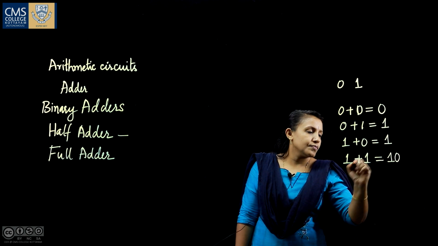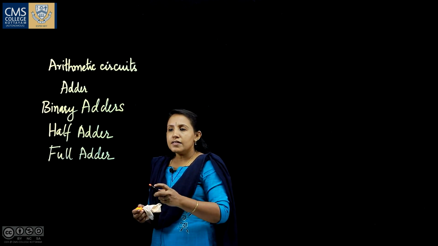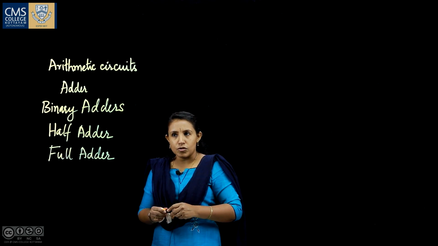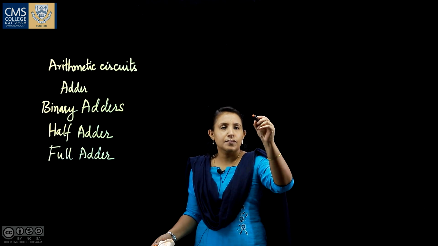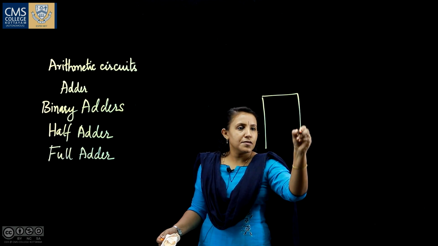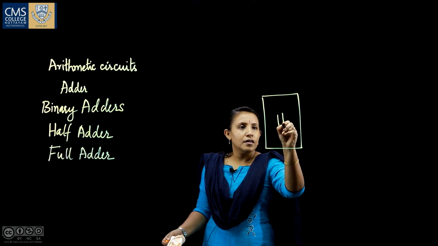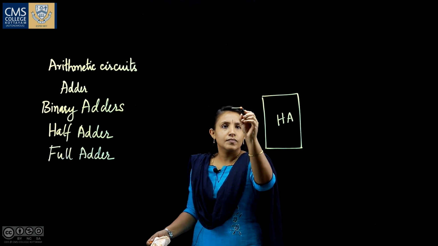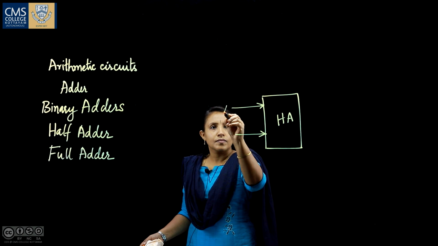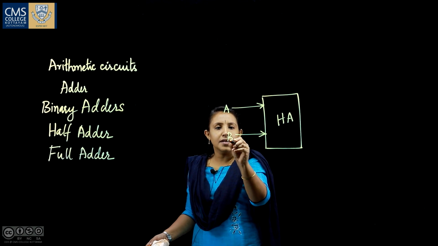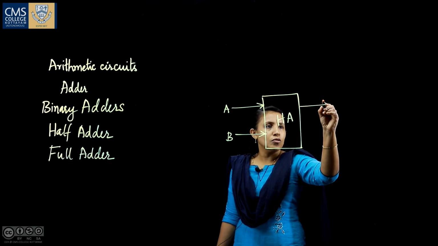A half adder is a combinational arithmetic circuit that adds two binary numbers. So, you can represent a half adder like this. The half adder has two inputs A and B and two outputs.